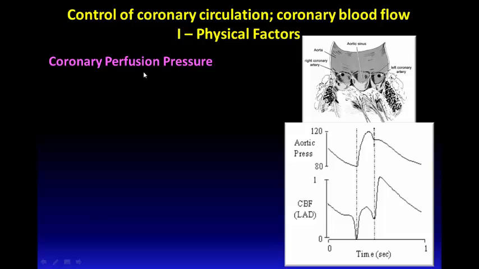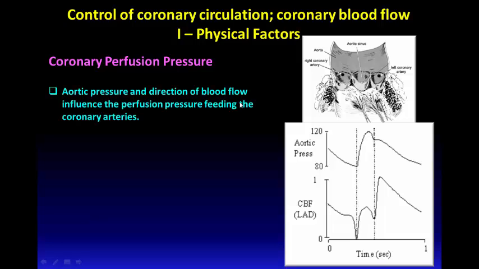The coronary perfusion pressure is the pressure responsible for perfusing the myocardium with oxygenated blood and nutrients. Hence, it is a very important pressure in the coronary circulation. This pressure is influenced by the aortic pressure and the direction of blood flow in the ascending aorta.